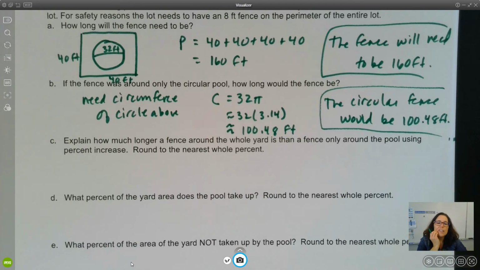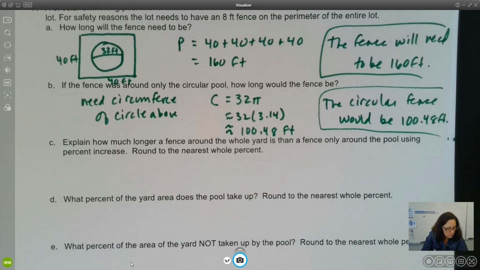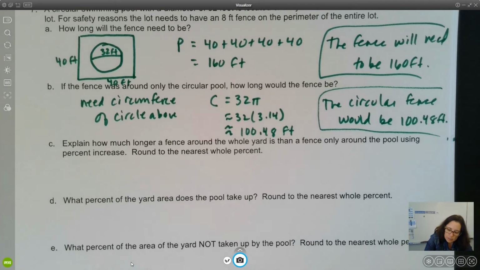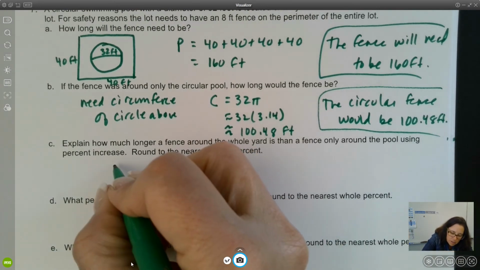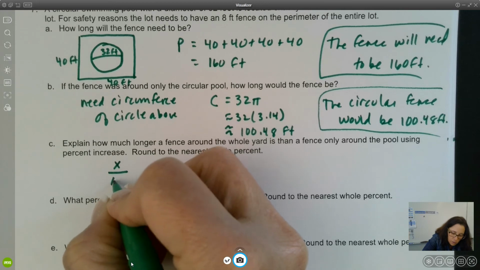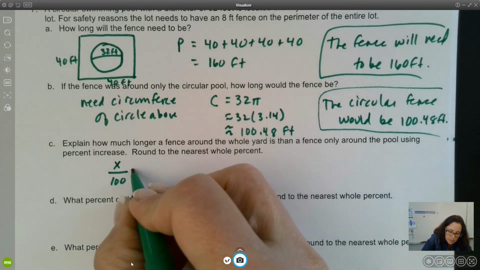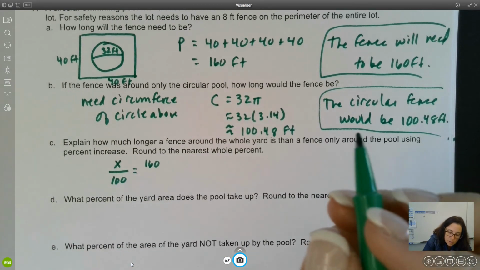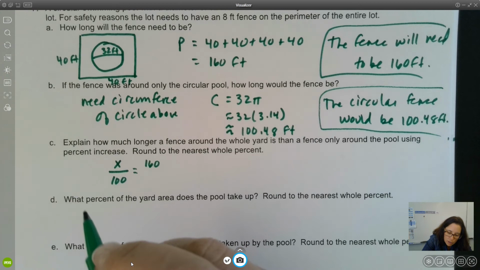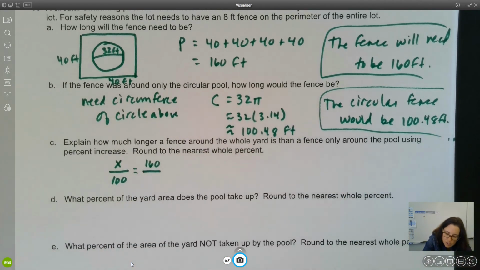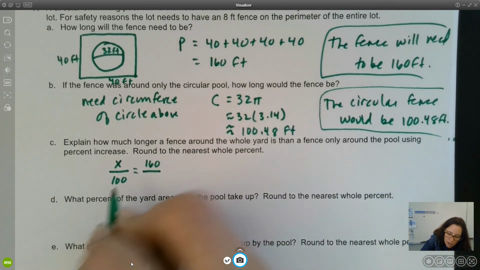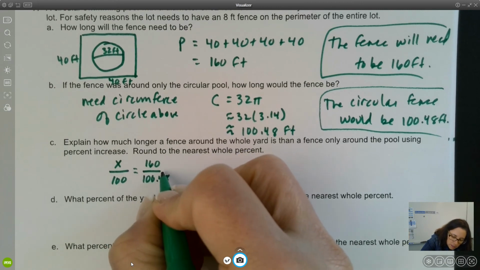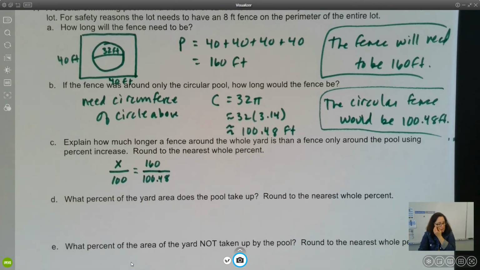Explain how much longer a fence around the whole yard is than the fence only around the pool using percent increase, round to the nearest whole percent. So if I am looking for a percent increase over an original 100%, I want to compare what 160 is around the full lot versus the 100.48 around the circular lot.